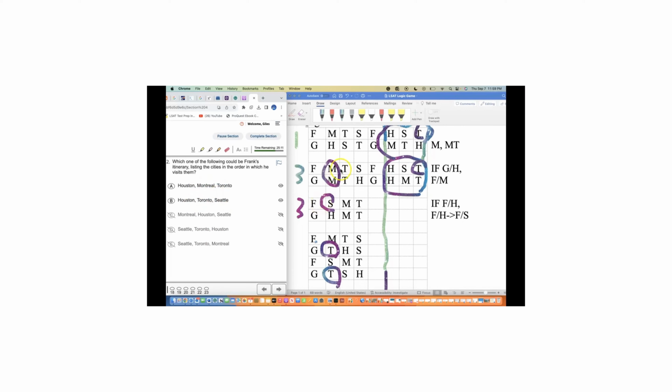Now, for HTS, I don't really see the HTS. Let's see for HMT. Let's see if we can see it. Okay, HTS I can see here.